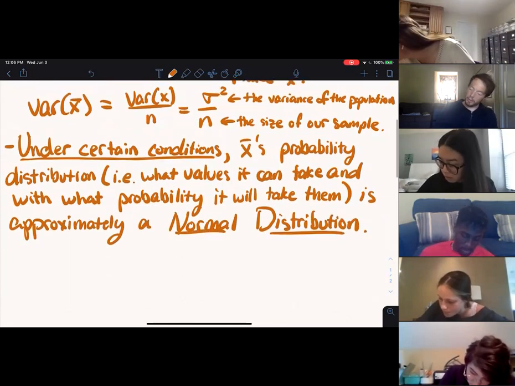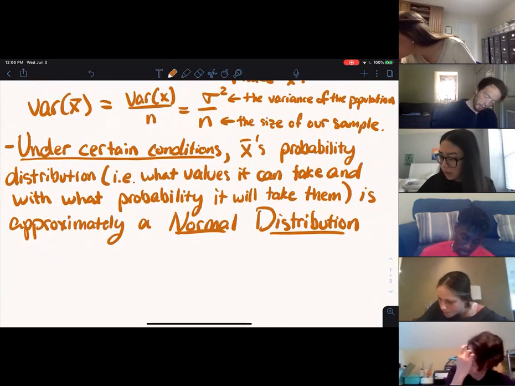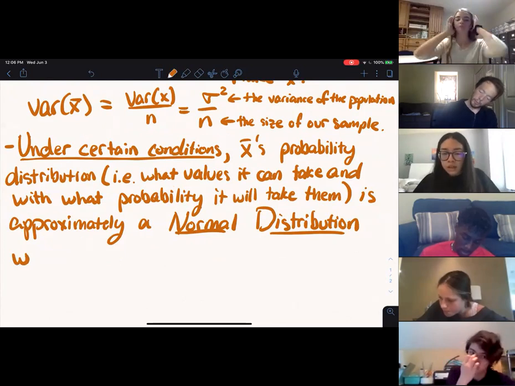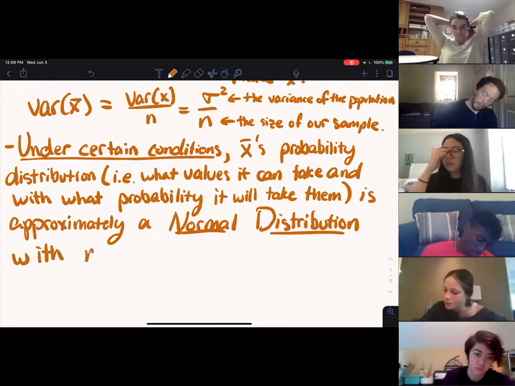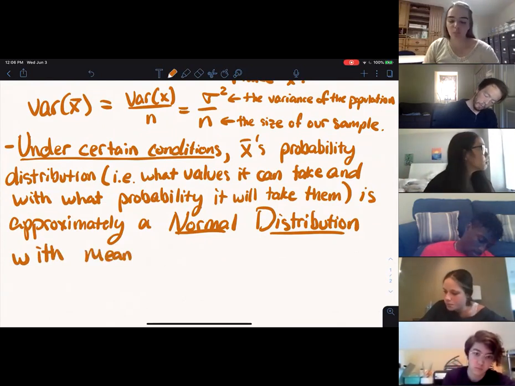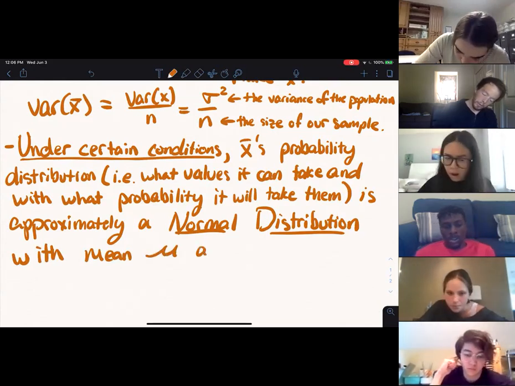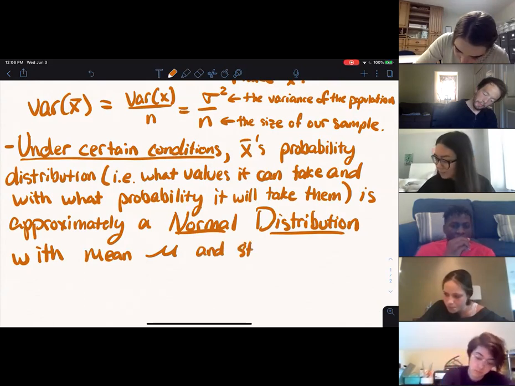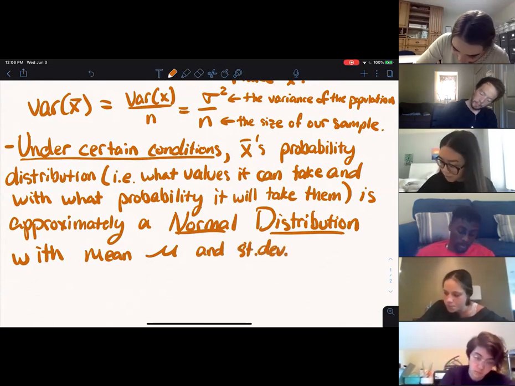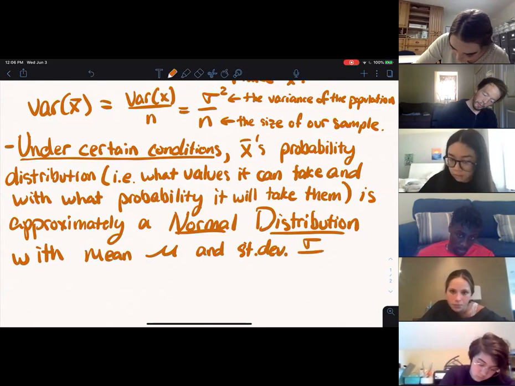And that was the thing we called the central limit theorem. We already calculated this, but I'll also put it down: a normal distribution with mean mu, the population average, and standard deviation sigma over root n.